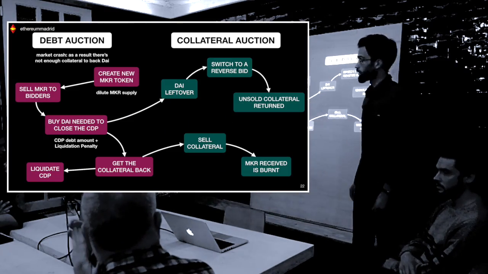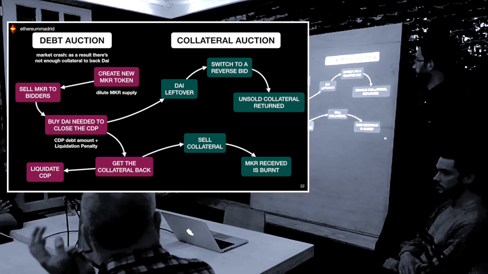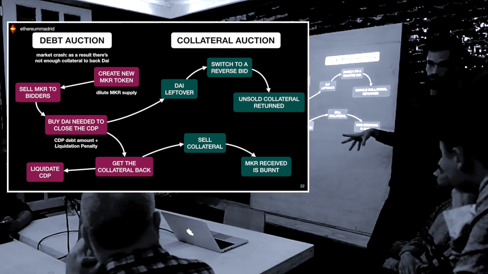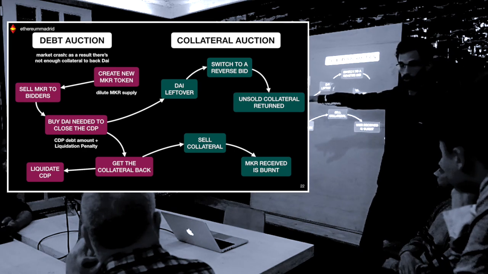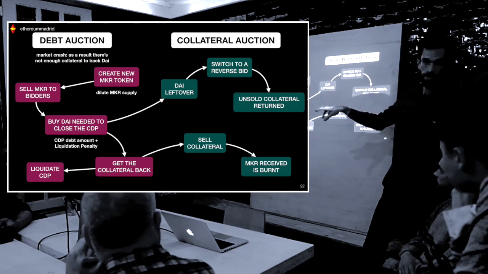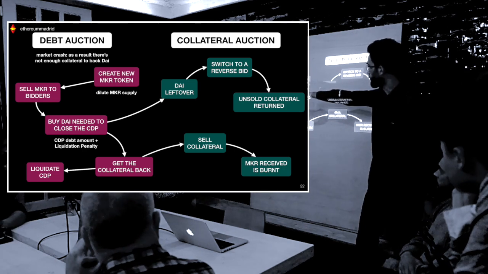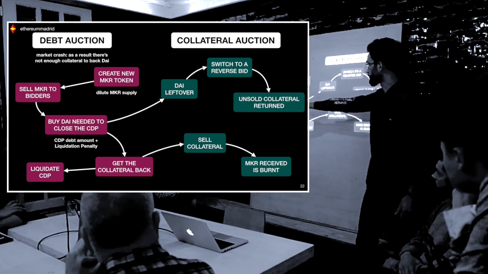This is how you will be using MKR in the system in the case of a crash, right? So you have a debt auction and a collateral auction. This is done automatically. In the case of a crash, you create new MKR, which dilutes the supply of MKR tokens.